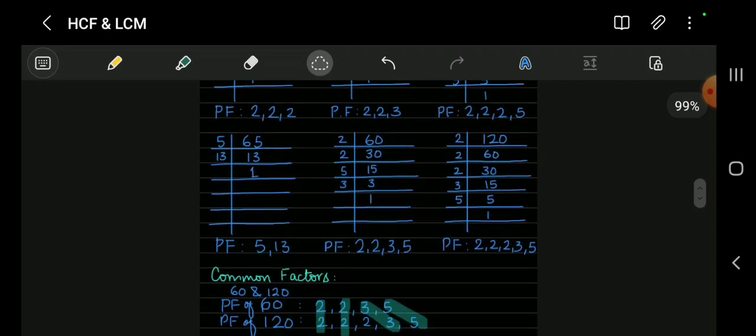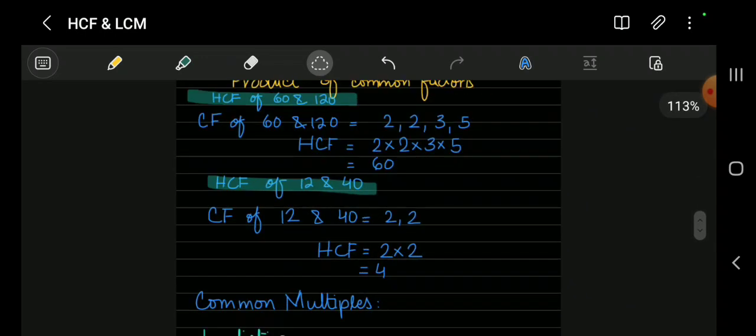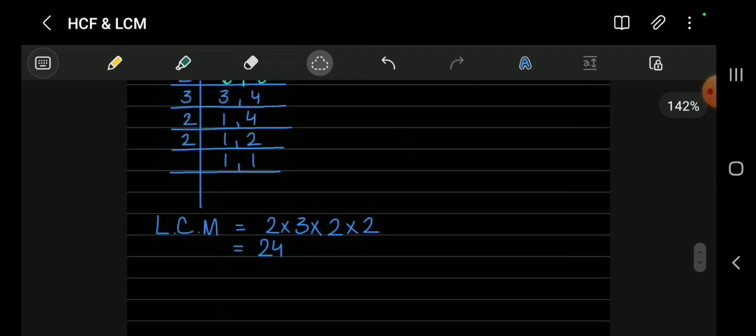For HCF I calculated the factors separately, then listed the common factors, and just multiplied the common factors. You can directly do the HCF and LCM.